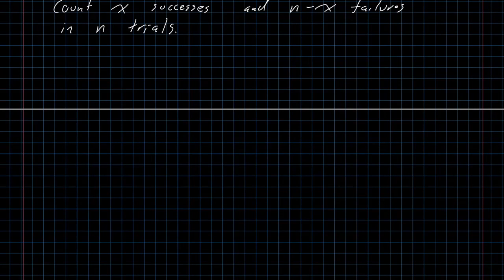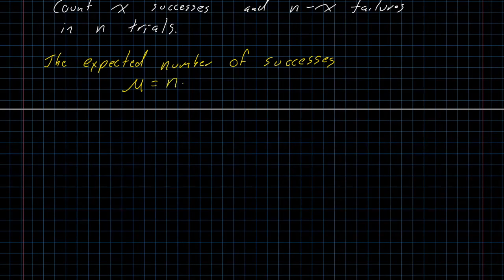For treating this experiment statistically, it turns out that the expected number of successes, which we can calculate, that'll be the population mean, is the number of trials times the probability of success.